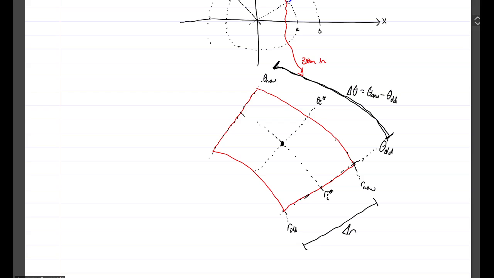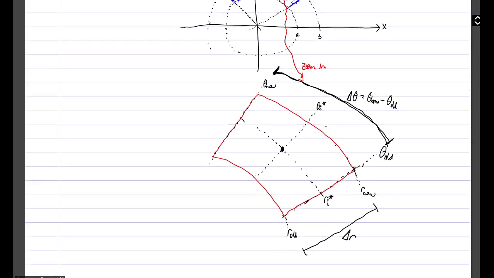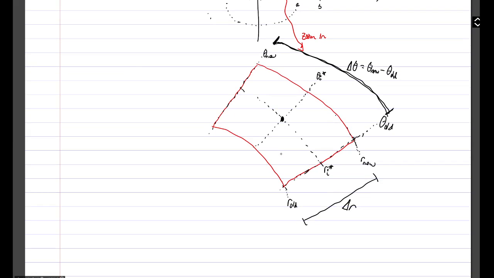So, okay, let's talk about the area of this. Now, again, this is a tiny little piece. It's a tiny scrap of what we see back in this picture over here. Let me highlight with the mouse that part right there. So how can we compute what the area of this looks like?